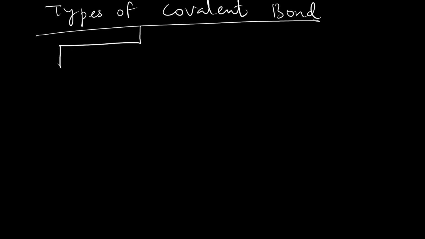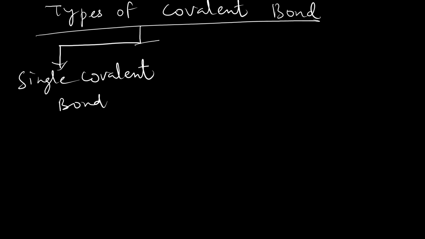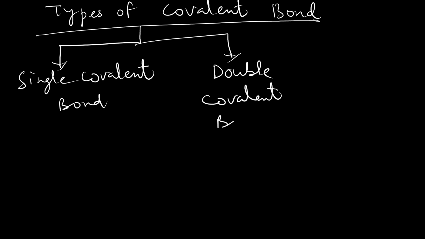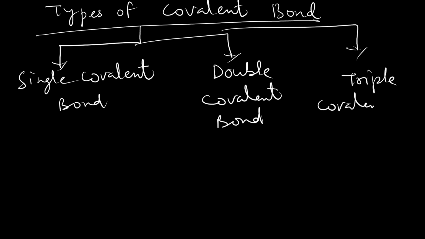So there are 3 types: single covalent bond, double covalent bond, and triple covalent bond. So what is a single bond?